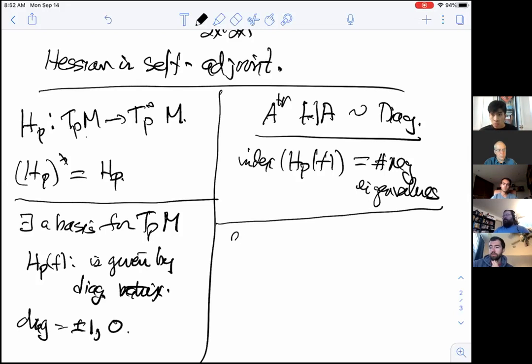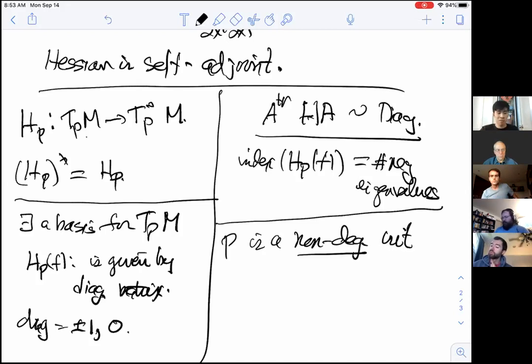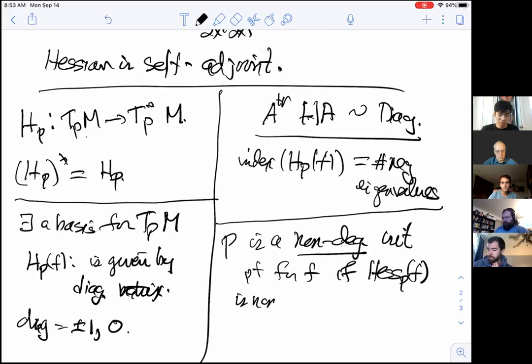And we say that P is a non-degenerate critical point for F if the Hessian at P of F is non-degenerate, has only plus and minus 1 eigenvalues.